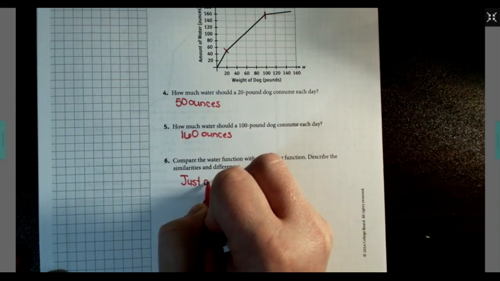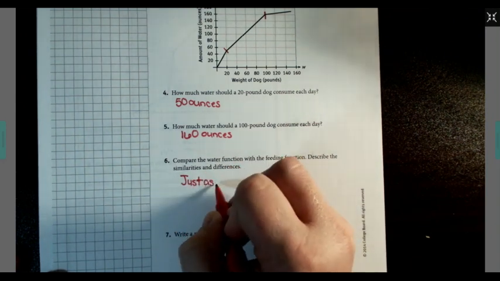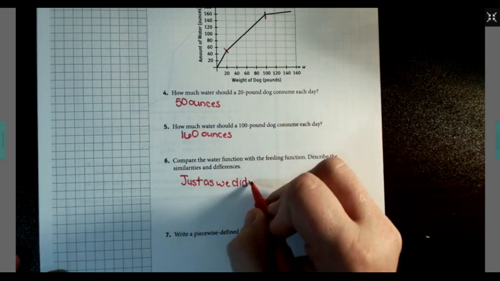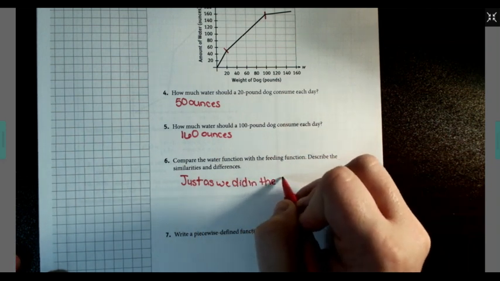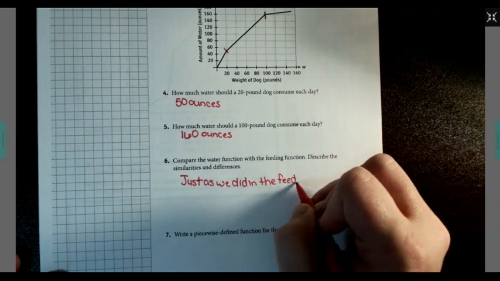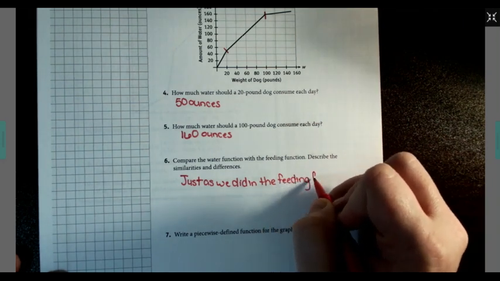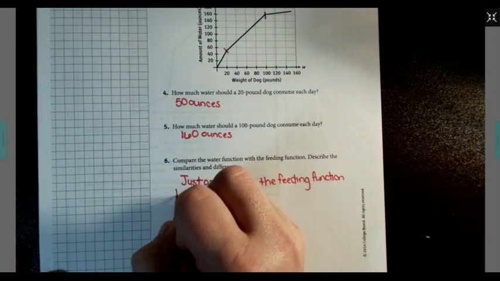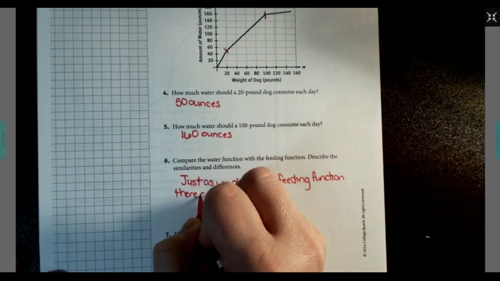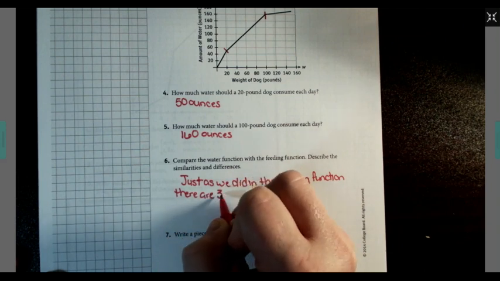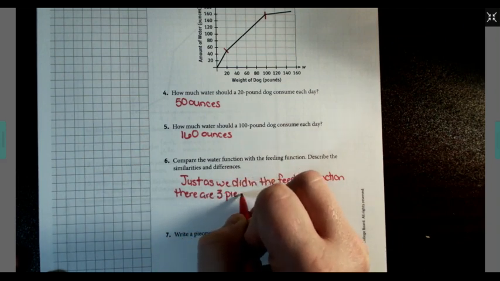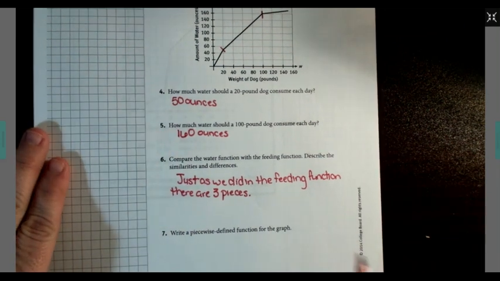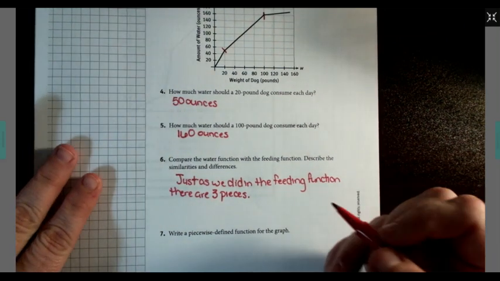Just as we did in the feeding function, there are 3 pieces, or 3 segments, if you want to say. Okay.